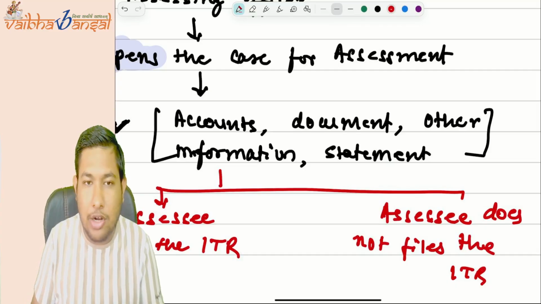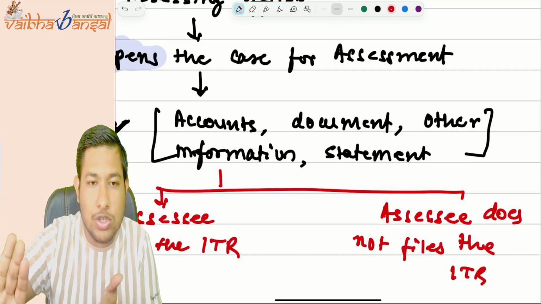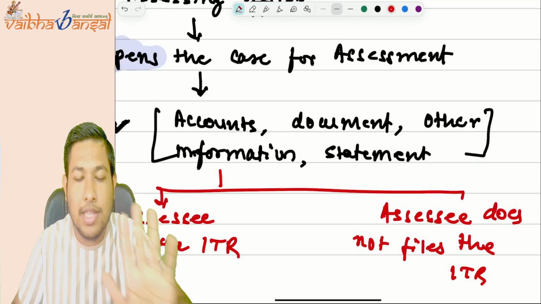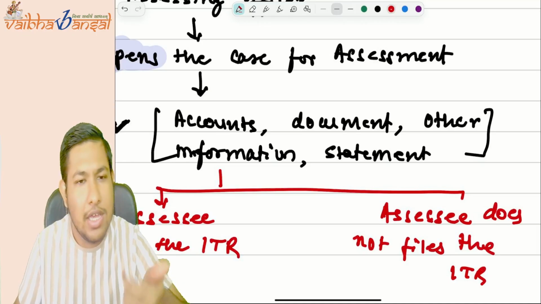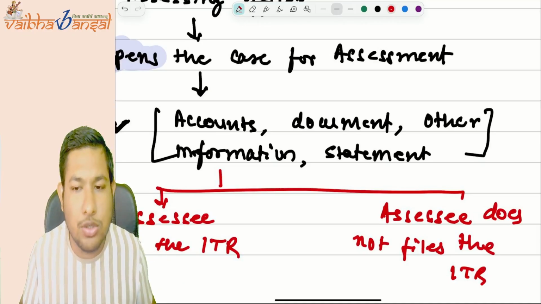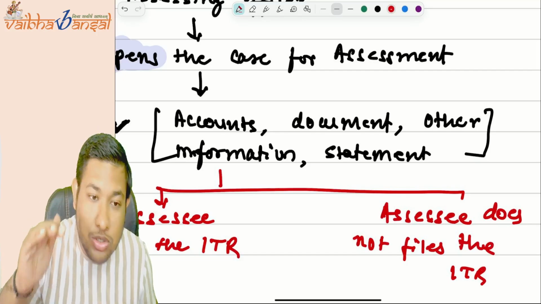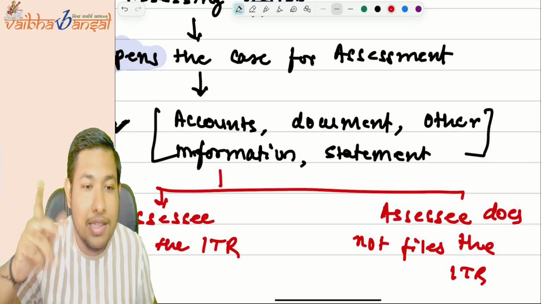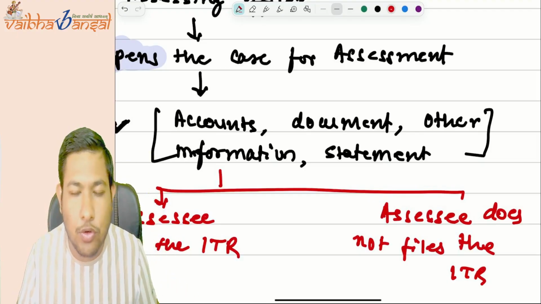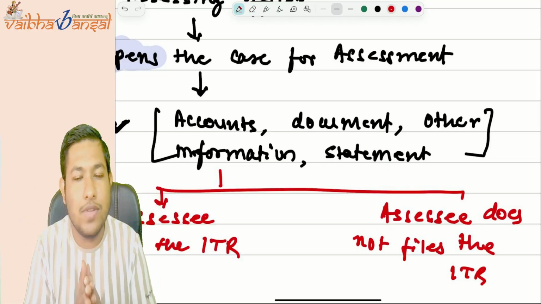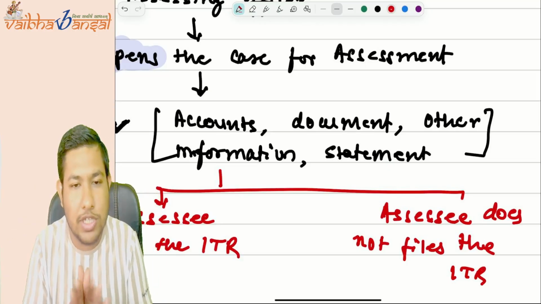If he files the return of income and discloses all the sources of income, then it's good to go. There is no problem. Whatever the penalty or fine for late filing, you can pay it. But if he does not file the return of income, then there is an issue. Then we will see in other sections, section 144 and 147, in detail afterwards in this chapter.